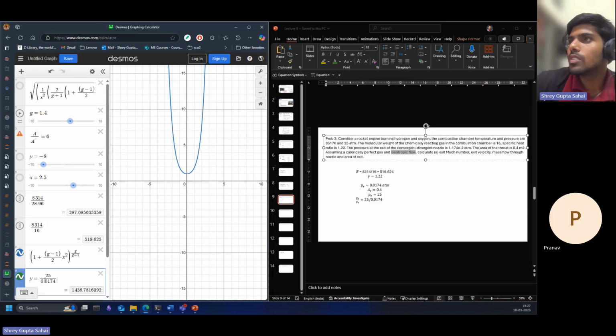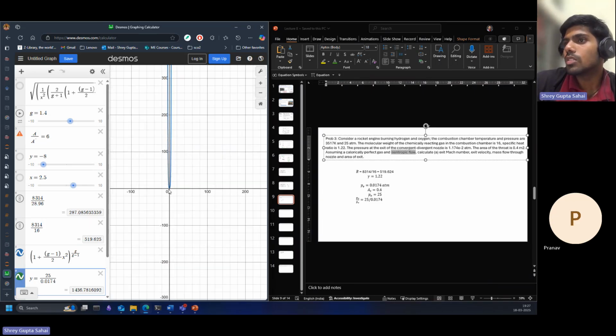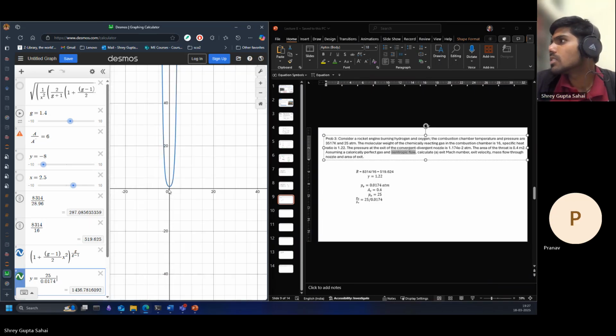Get a very high value, which corresponds to what? Oh, no, this cannot be this high. Wait, something has to be wrong with this. Let me check. It has to be wrong. Oh, gamma is 1.2 also, and R. Sorry, atmosphere, exit pressure is this much.